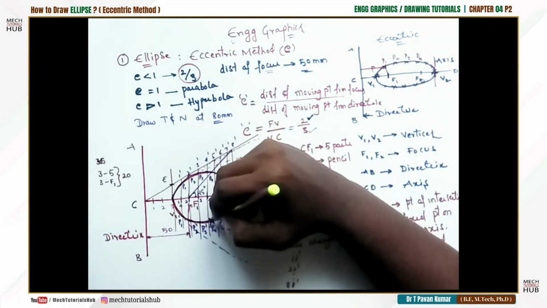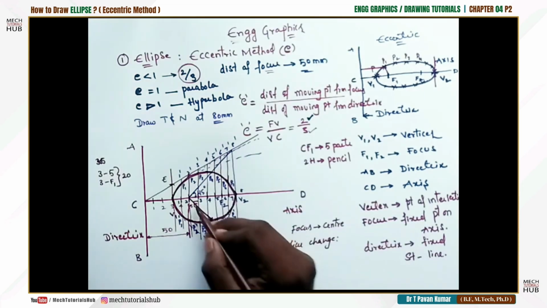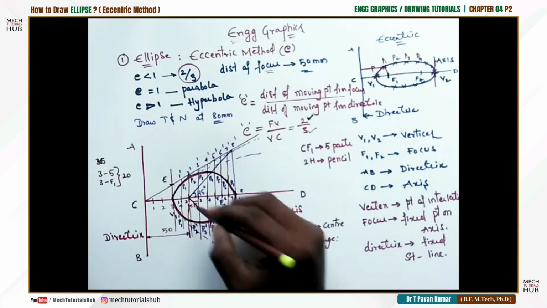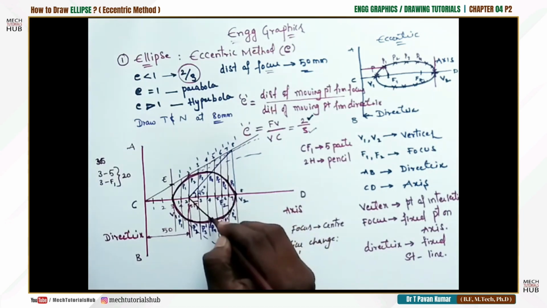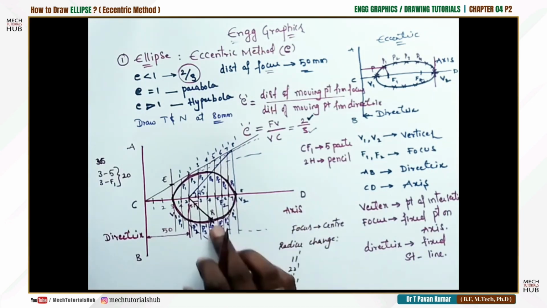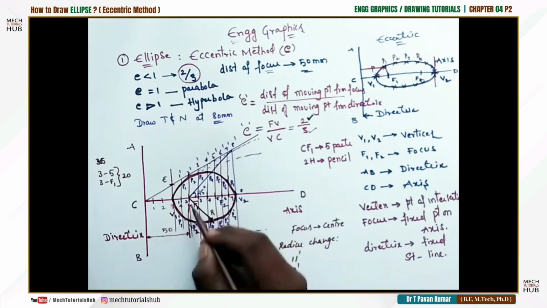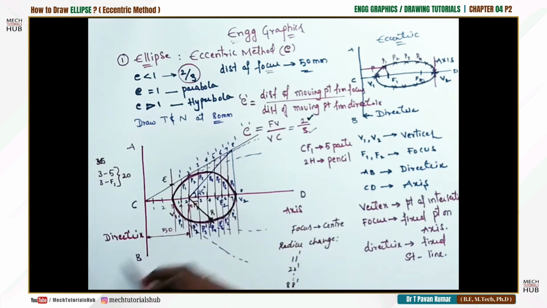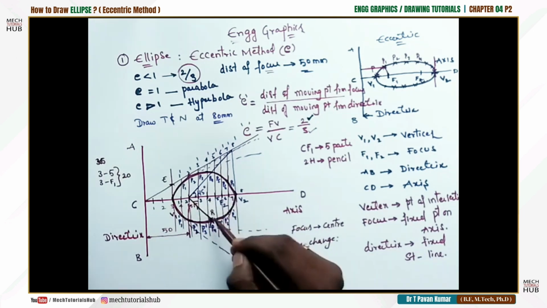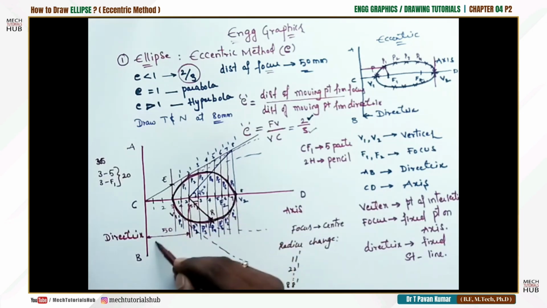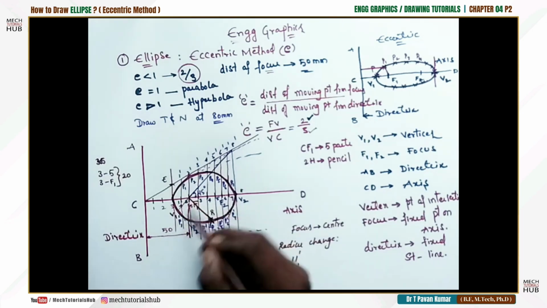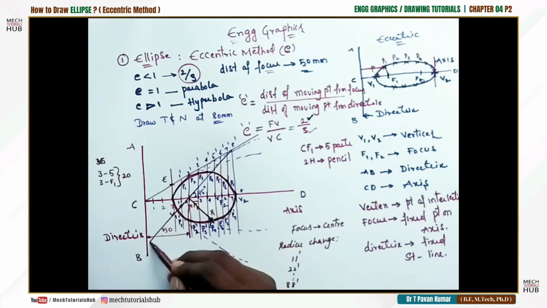Let us consider this point as R. Join RF and draw a line perpendicular to RF until it goes and meets the directrix. Perpendicular is nothing but 90 degrees. It should meet the directrix at some point.